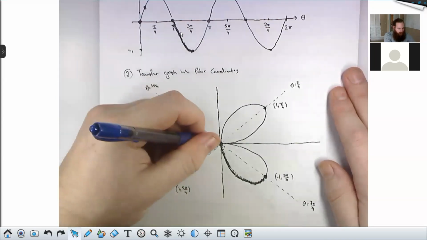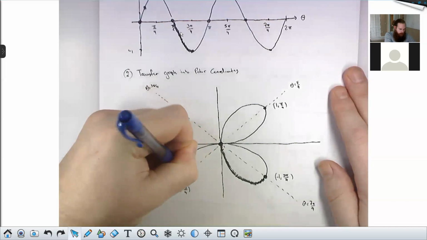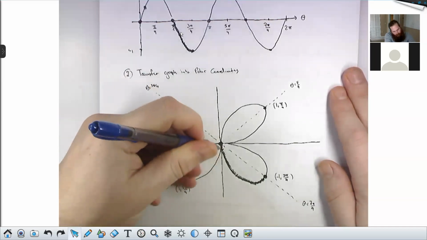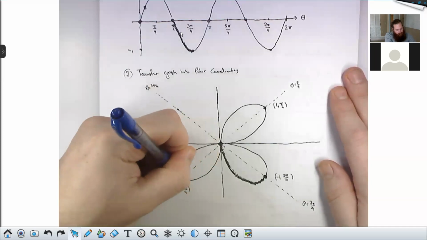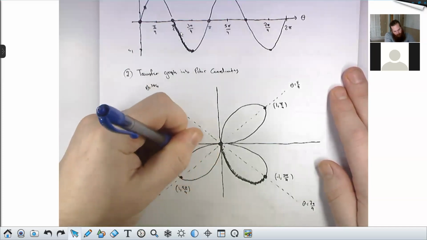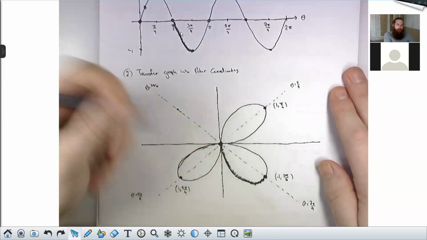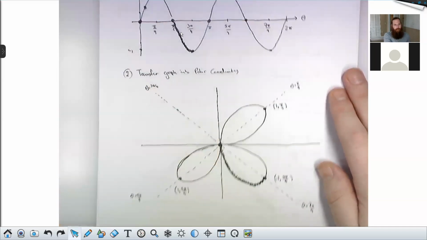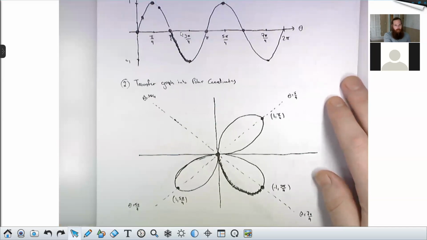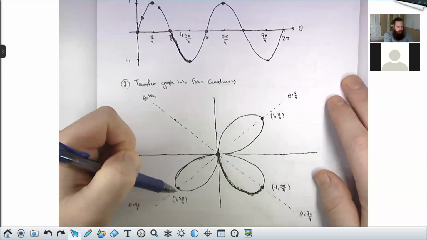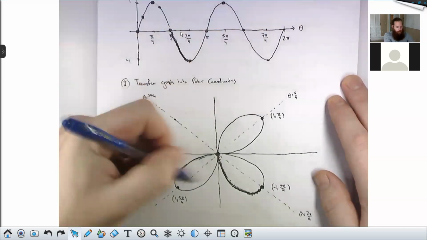And that arc looks like all the other arcs that we've seen here so far because of the symmetry in the rectangular graph. So I get something looking like this. And then as theta rotates past 5 pi over 4, we come back into the origin.